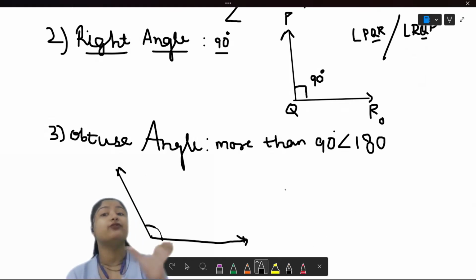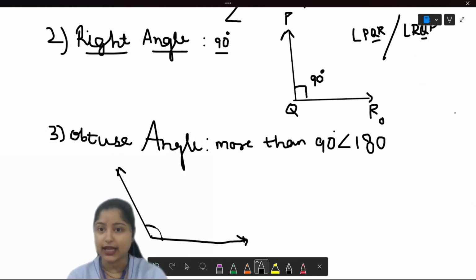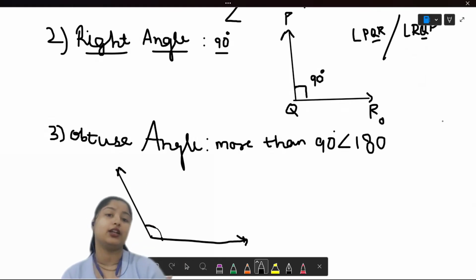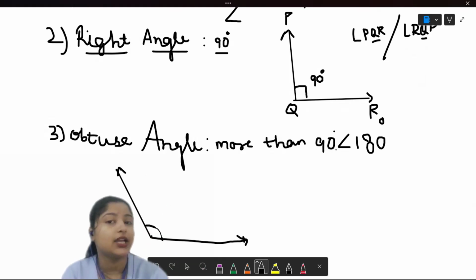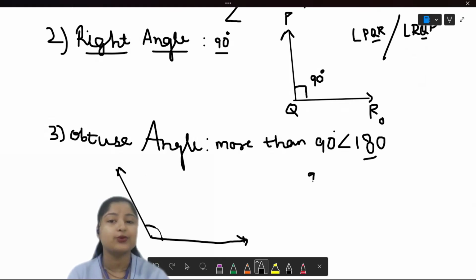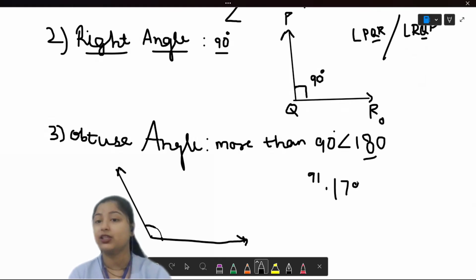Now, there is no fixed value for it, like the right angle. It's more like the acute angle in that it does not have a fixed value. It's just more than 90 and less than 180. So it could be 91 as well, and it could be 179 as well.